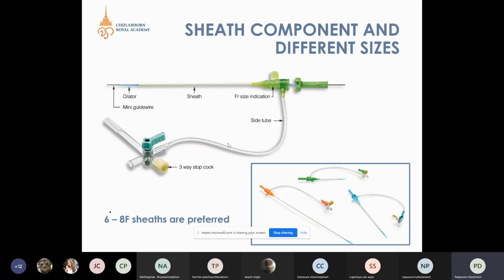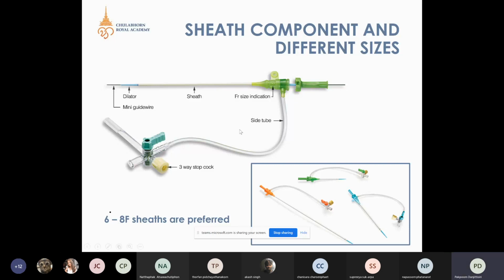We call it a sheath. There are a lot of French sizes that the doctor can choose to use in the case. The available French sizes of the sheath, around 6 to 8 French, are preferred in the EP lab.